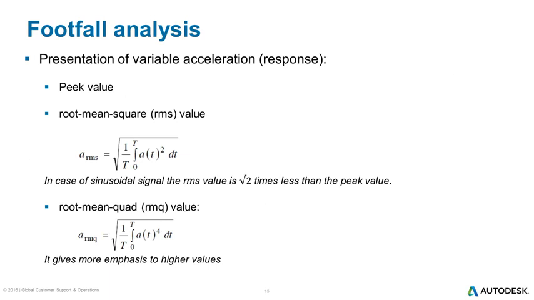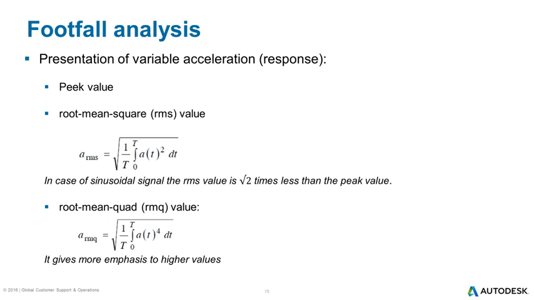One of the ways to describe the variable response, like the variable acceleration, is a peak value. However, the peak value does not describe the amount of time the system is subjected to this level of response. Therefore, we often use the root mean square, or RMS, value instead. In case of acceleration, this value is defined by the first formula from this slide.